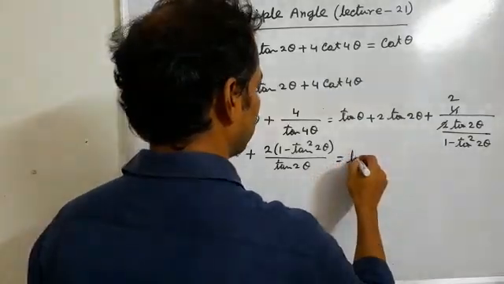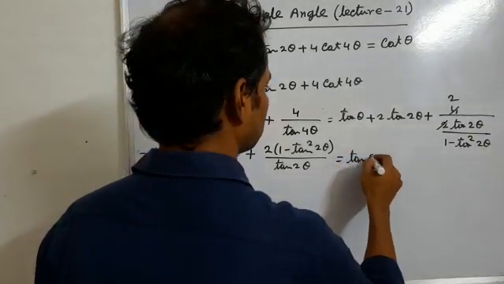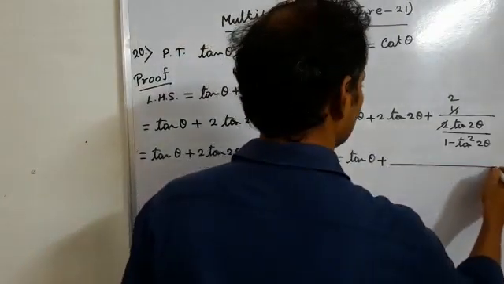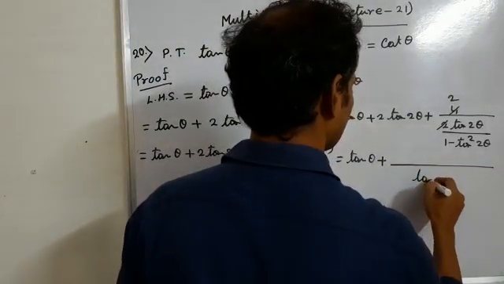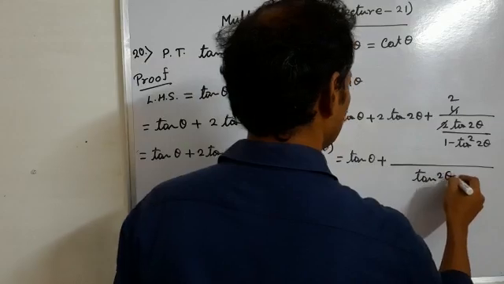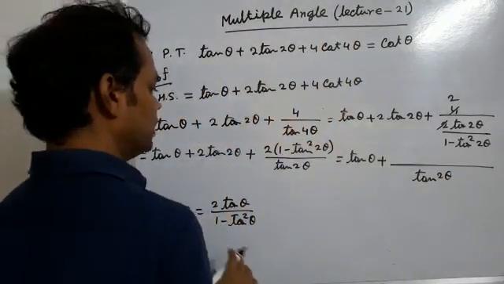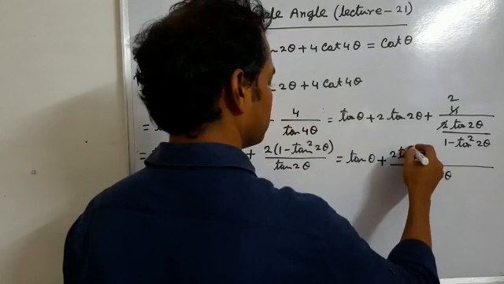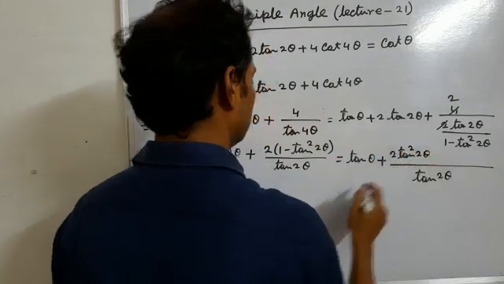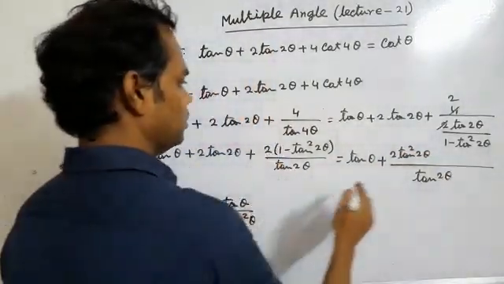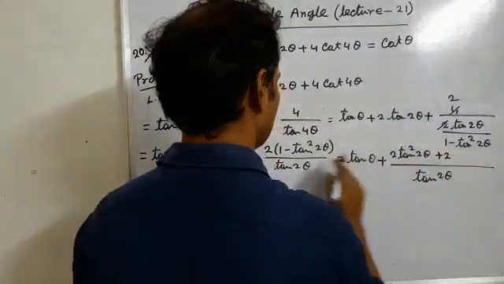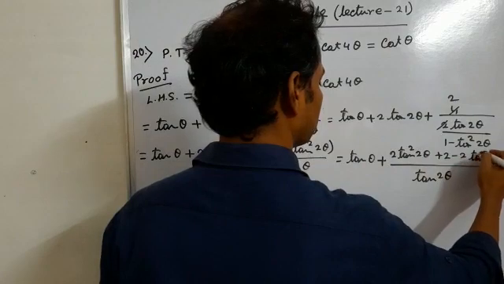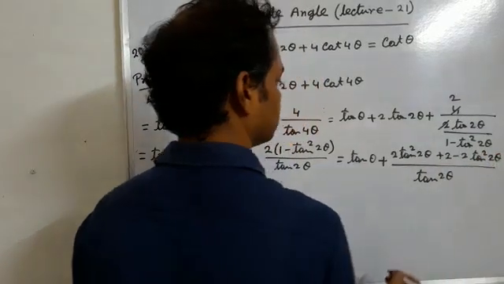Which equals tan theta plus, tan 2 theta into 2 tan 2 theta, 2 tan square 2 theta, 2 into 1 plus 2 minus 2 tan square 2 theta.